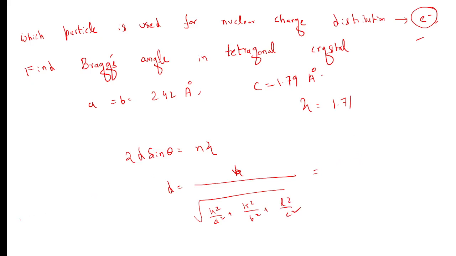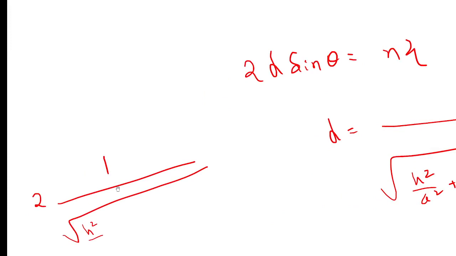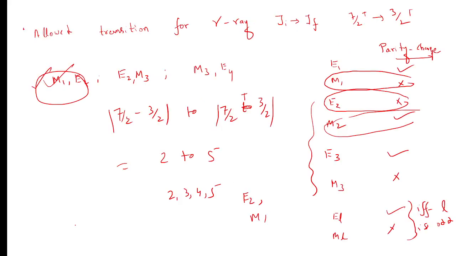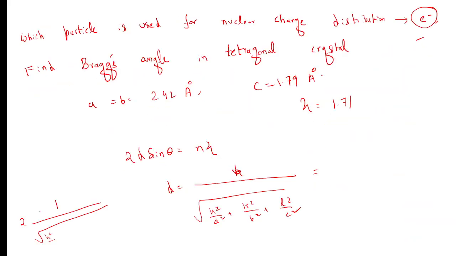Let me write here. The value of D must be calculated. So it's 1 as given.